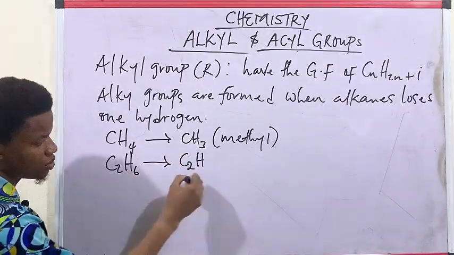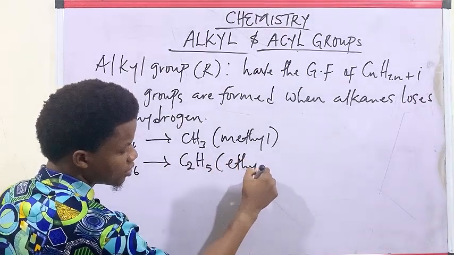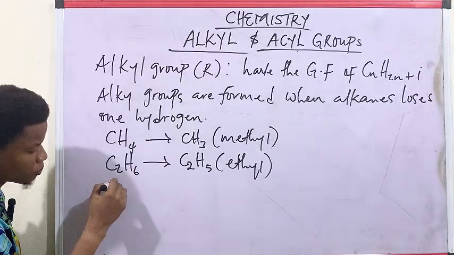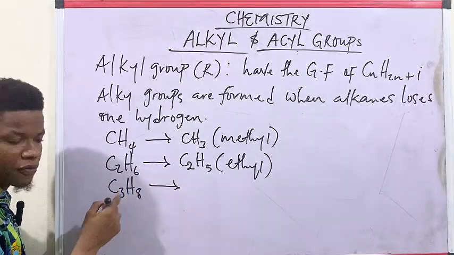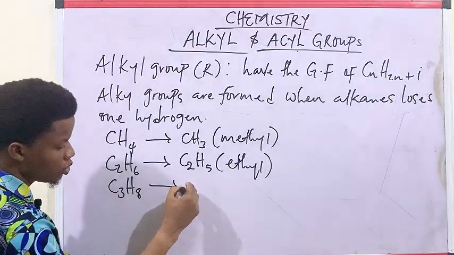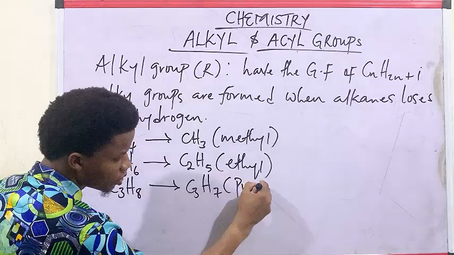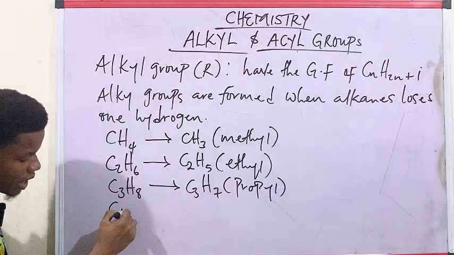C2H5. This is known as ethyl. So you are seeing we are getting the corresponding alkyl. Then if you use propane, C3H8, if you remove one hydrogen from propane, what do you have? C3H7. This is known as propyl. So you can just do it like that continuously for all the alkanes.